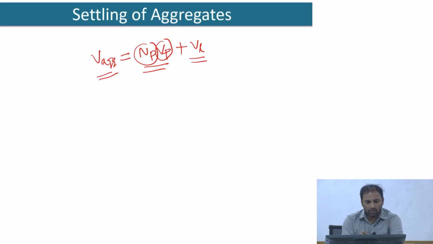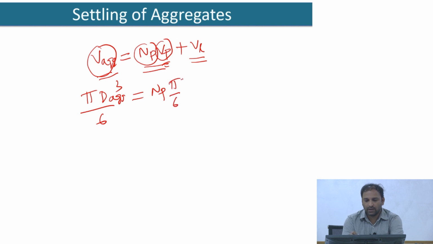So, now what I can do is, this is pi d aggregate cube by 6, and that is number of particles, and the volume of the particle is pi d particle cube by 6.